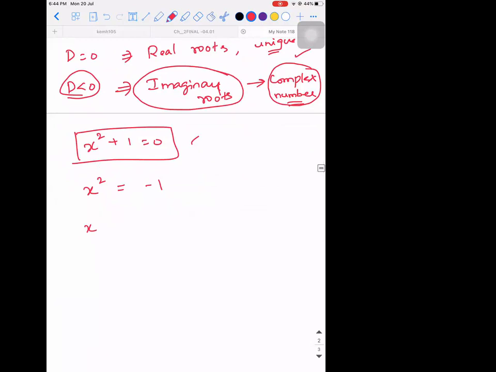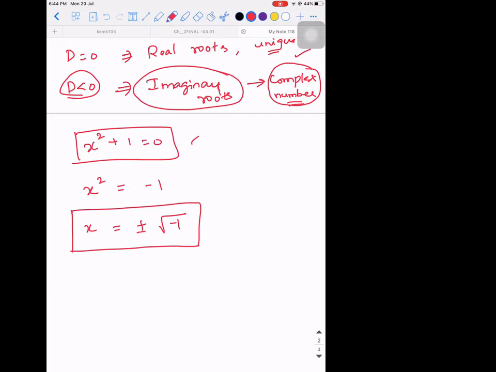So x is equal to plus or minus square root of minus 1. If you square which number are you going to get a negative value? Obviously, no value. So you have no number whose square is a negative value.